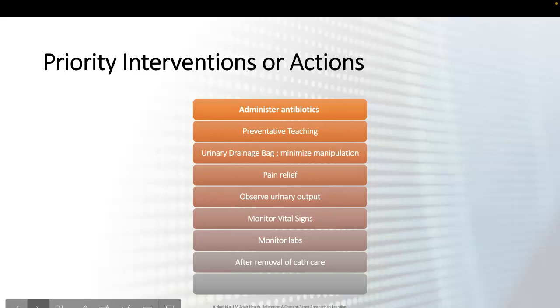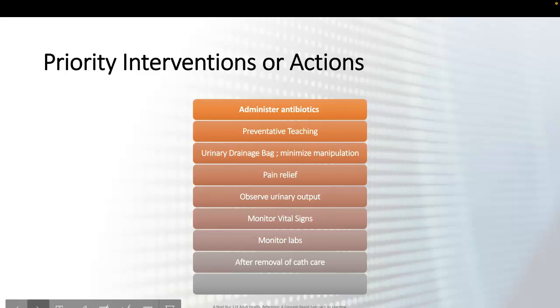So sometimes they'll put it in in order for us to put it in. And then if you can't get it, you've tried once, you've tried twice, I would not try anymore. I would contact the provider, the urologist, to put that tube in. They'll be happy to do that. They don't want to cause any issues for the patient, and nor do you. So you want to minimize manipulation once that tube is in place.